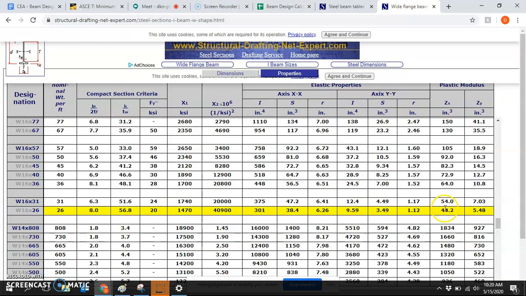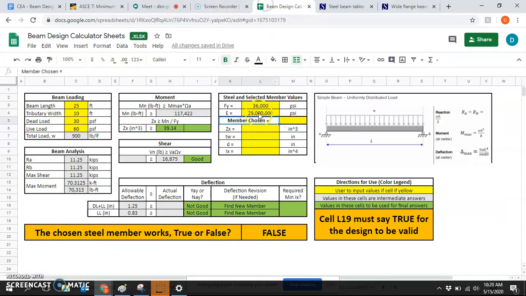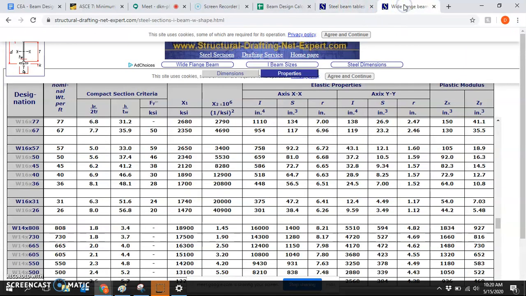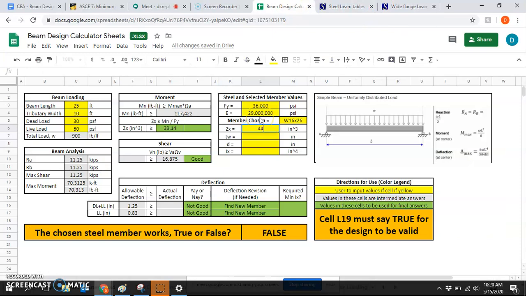So 44.2. And while I'm here, I'll do the inertia, which is 301. What was the number? I have really bad short-term memory. 44.2. And then the inertia, I believe, was 301.